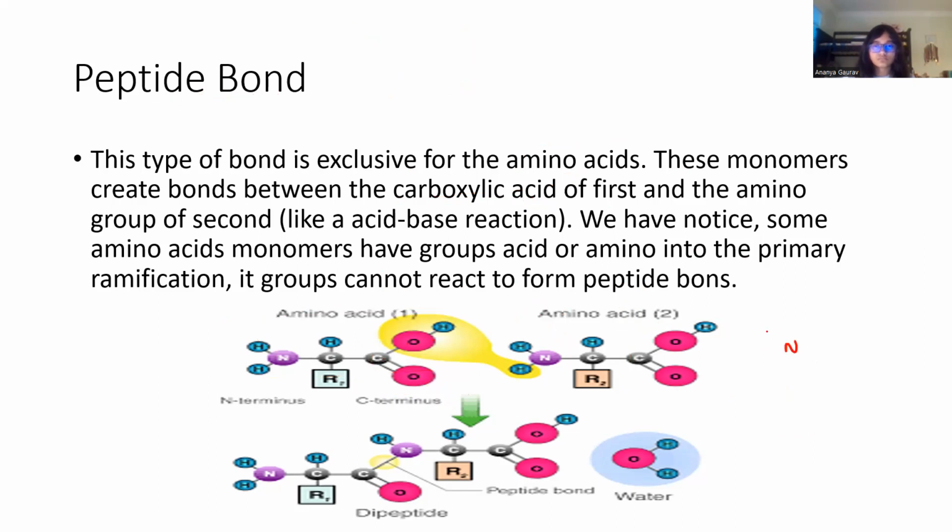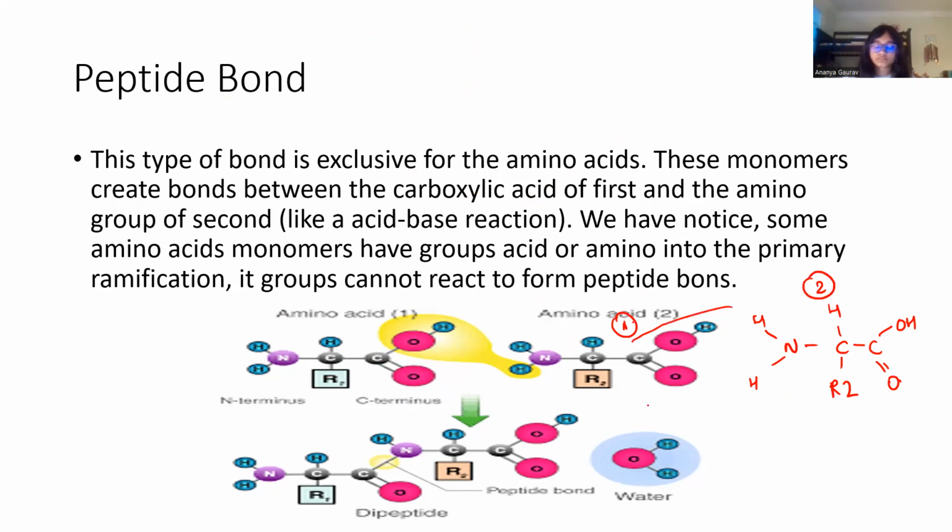Now, if there is another chain: N, H, H, C, H, R2, whatever R. Then C, O, H, double bond O. Now suppose this one acts as 1 and this one acts as 2.